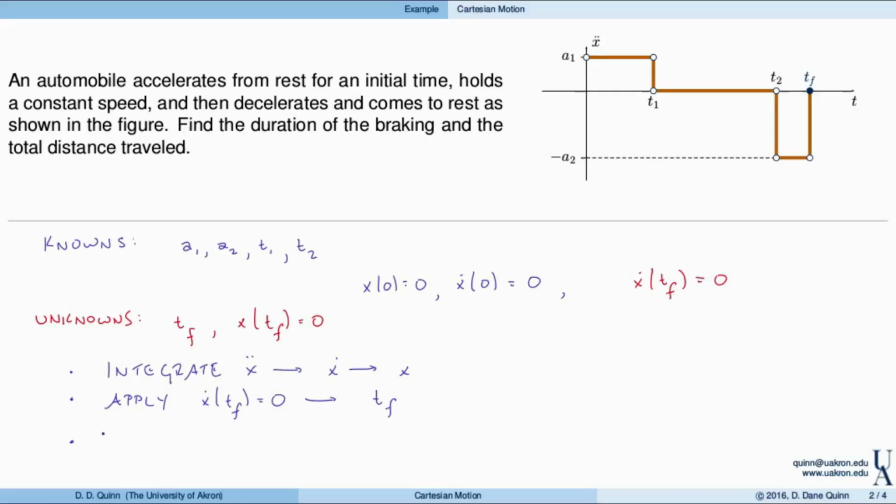And then finally, we want to determine the distance traveled, so that'll be x at tf. Notice that the acceleration here is defined piecewise. It's defined over the interval 0 to t1, then over the interval t1 to t2, and finally t2 to t final. So when we calculate the velocity and the position, we must also determine those piecewise.